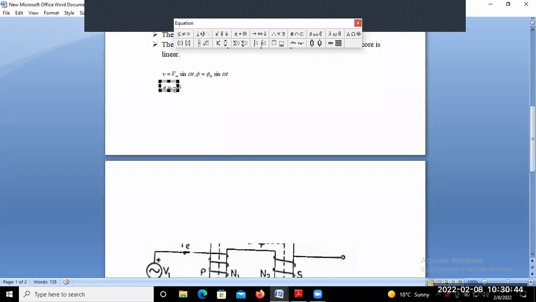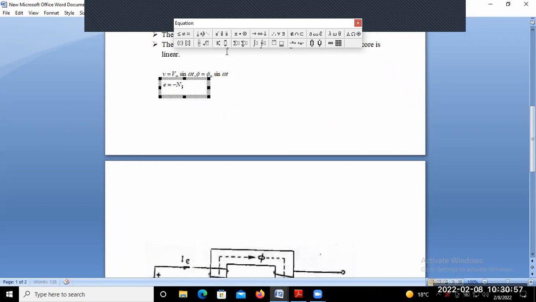N1, sir. So put N1 as the number of turns: minus N1 d phi by dt, and put the value of flux here and differentiate with respect to time.